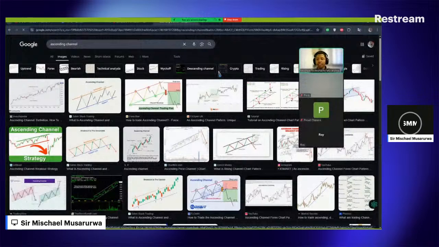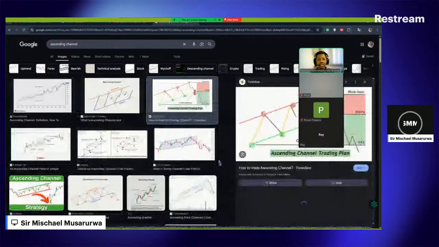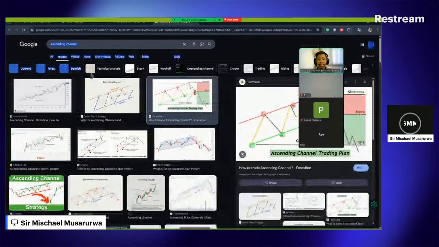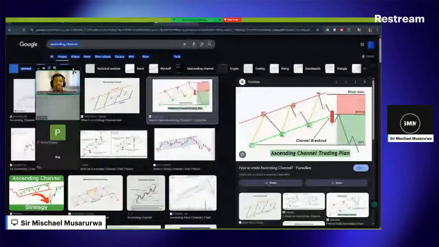It is general knowledge that every time we have an ascending channel, the price always breaks to the downward side. As you can see on this image, we had an ascending channel right here.